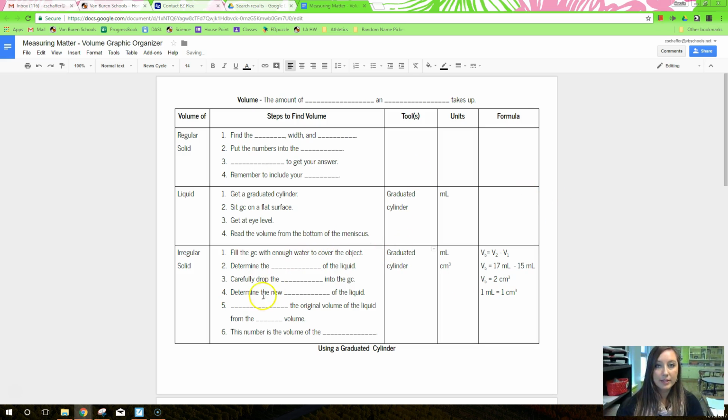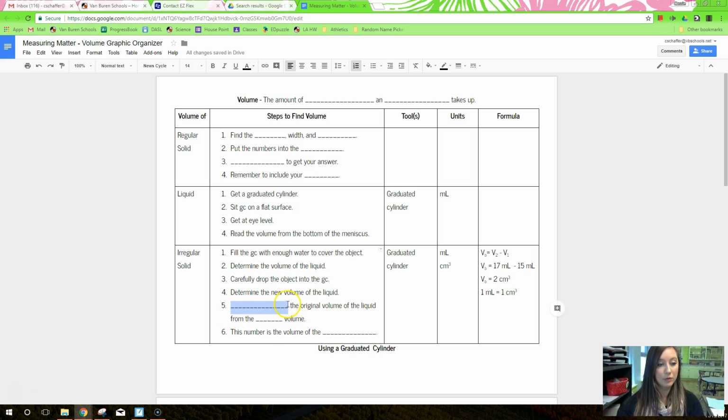So if we go through these steps one more time, the first thing that I did was fill the graduated cylinder with enough water to cover the object. And I want to determine the volume of the liquid that I put into that graduated cylinder. I'm going to carefully drop my object into the graduated cylinder and determine the new volume of the liquid.